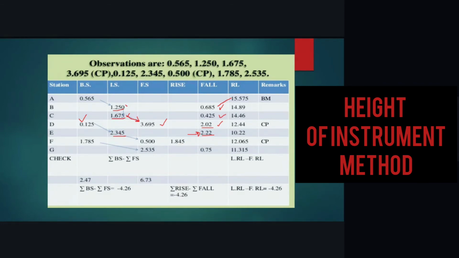Now you have to subtract 0.5 from 2.345, so you will get a positive value of 1.845, so you write it in rise. Again, you start from this backside reading 1.785 minus 2.535, so you will get a negative value, and you have to write it in fall, minus 0.75. You don't have to write the negative sign if you are writing in fall, just write it in the fall column. Okay.